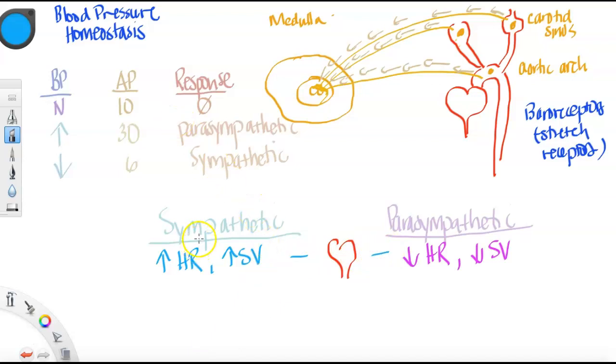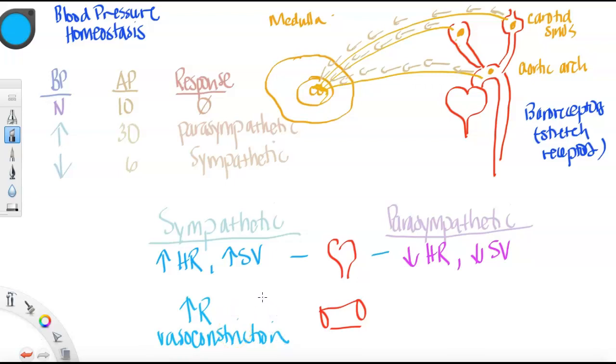Okay, so what about with the vessel? So what happens with the vessels? Well, sympathetic, pretty easy and straightforward. We're going to increase resistance. So we increase resistance through vasoconstriction.